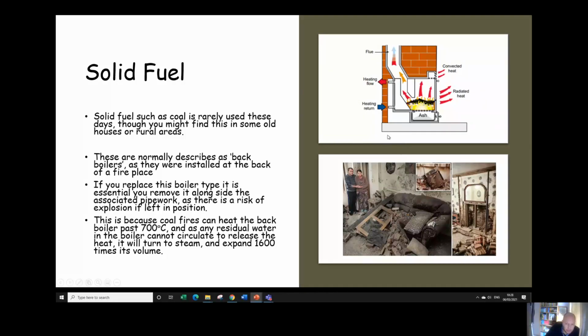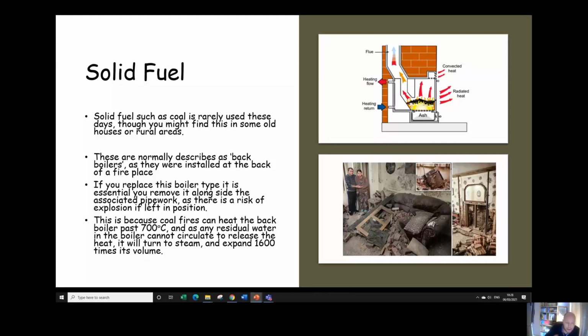What can happen is that if people then put a fire in their open fire, and you've got a little bit of residual water left in the back boiler, and it's all sealed up, that water will heat up, it'll expand, it'll turn to steam.